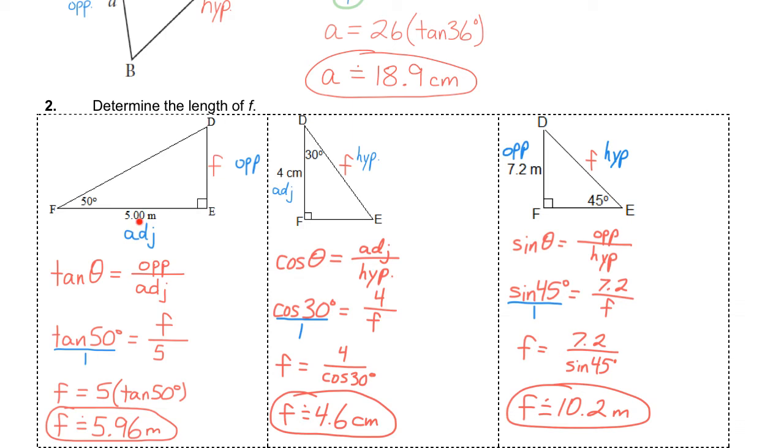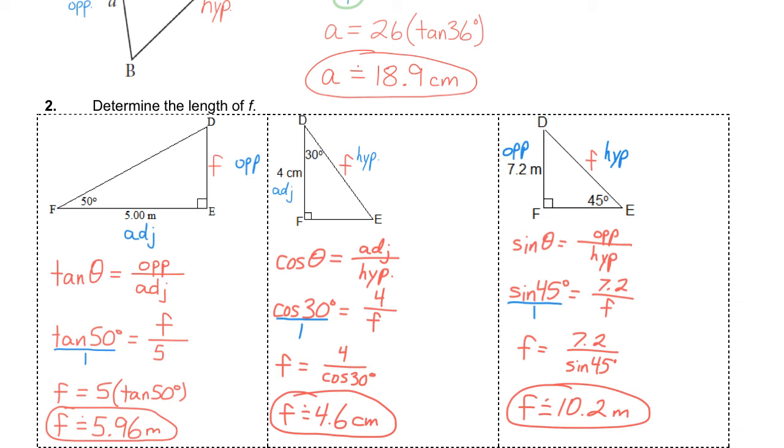So I labeled my sides. There's my angle. Directly across is opposite. This is hypotenuse, so that means this is adjacent. So I'm using opposite and adjacent. That's tangent. Tangent is opposite over adjacent. So now I'm going to use this formula, plug in what I know. Well, theta is 50 degrees.